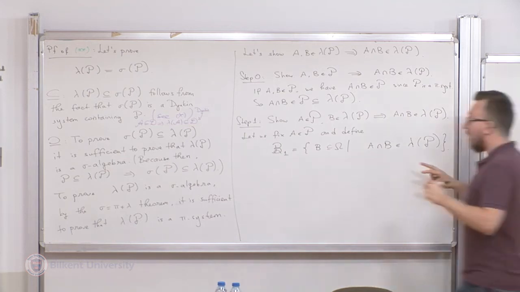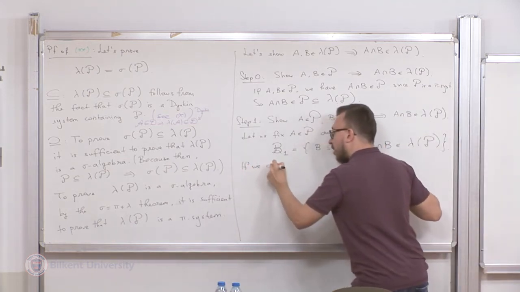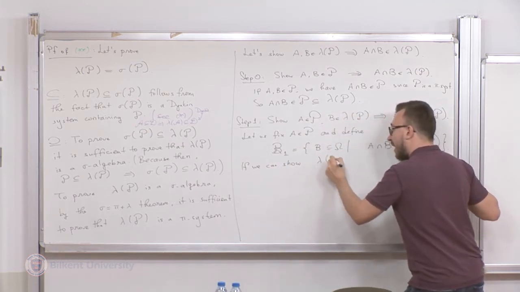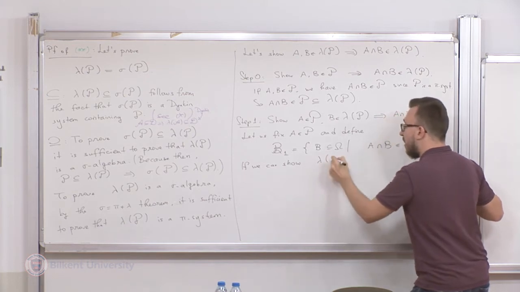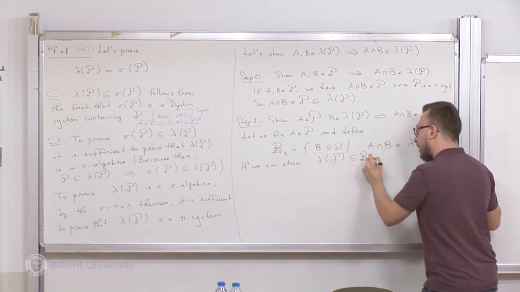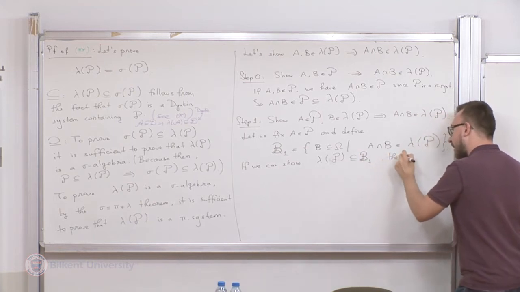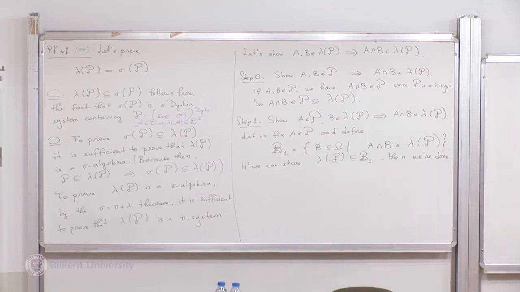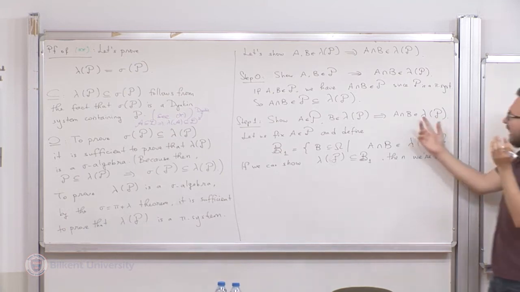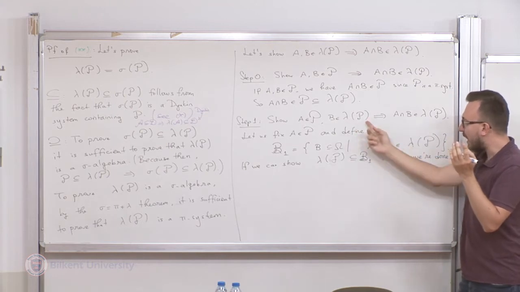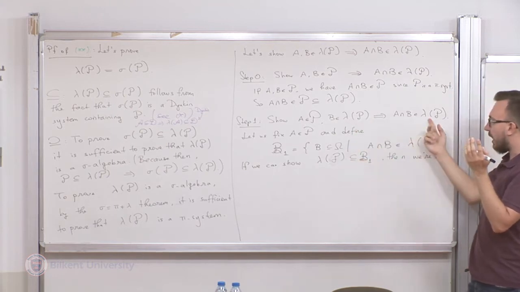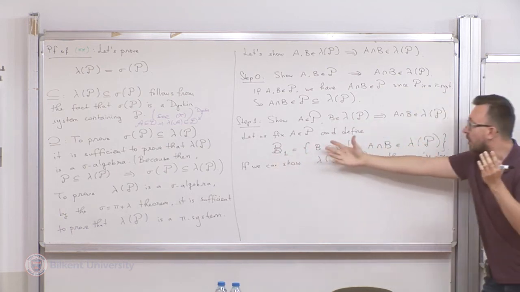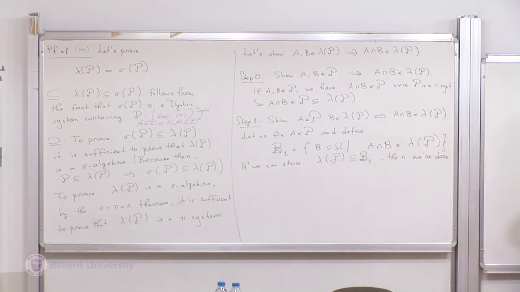Well, if we can show that lambda P is a subset of P1, then we're done. Because if lambda P is a subcollection of the collection of sets satisfying this property, then we're done.